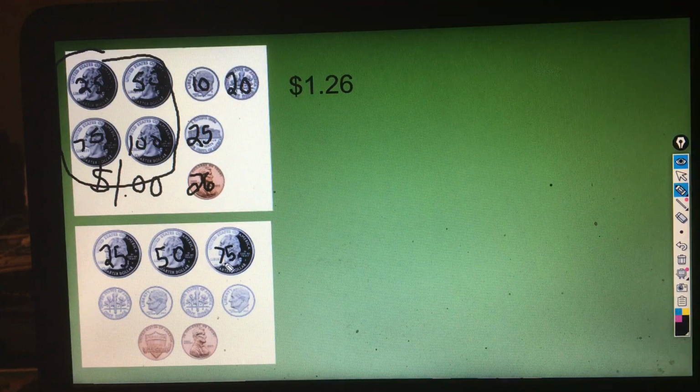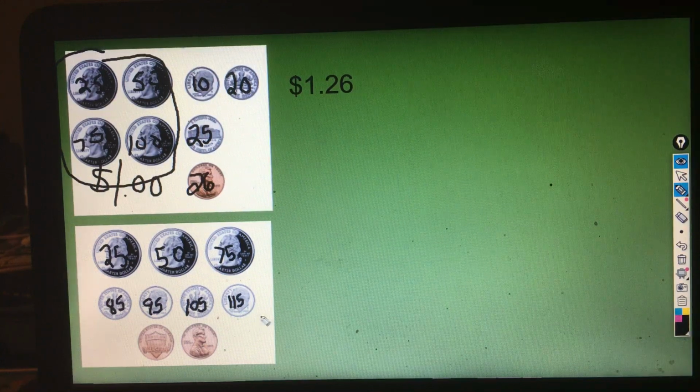So if we start at 75 and we count up 10, we're going to get 85, and then 10 more is going to be 95, and then 10 more is going to be 105, and then 10 more is going to be 115. Whew, got to remember how to count over that 100 when you're counting by tens. So 115, and then we got 2 pennies. So this is going to end up 116 and 117.